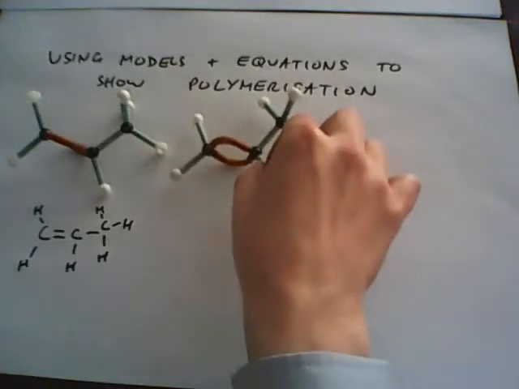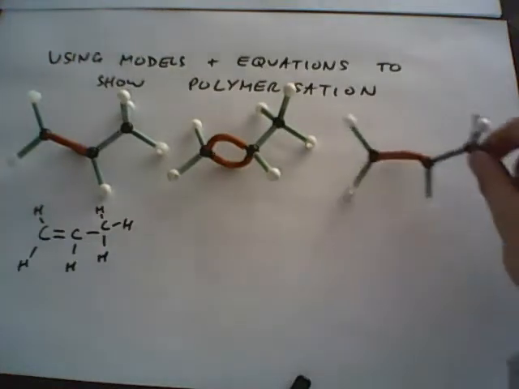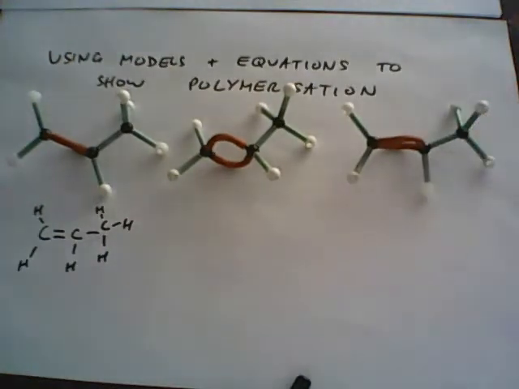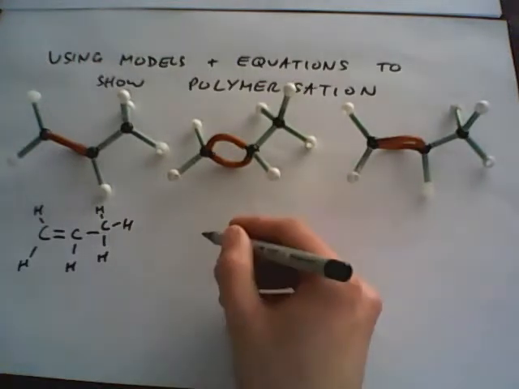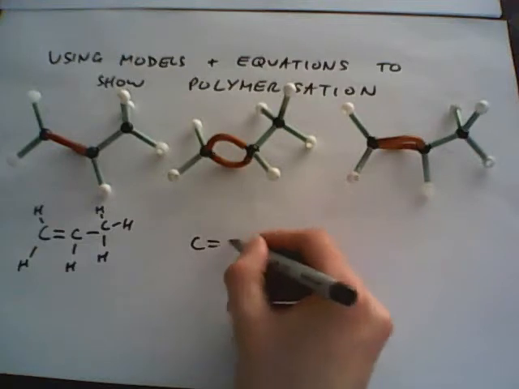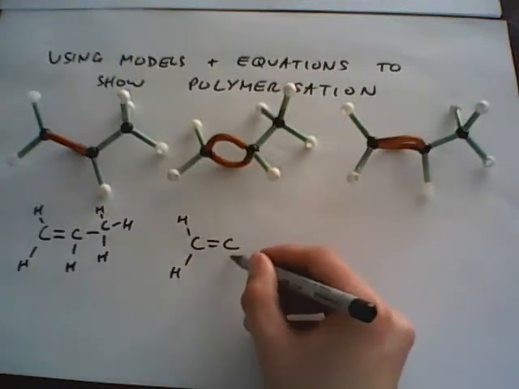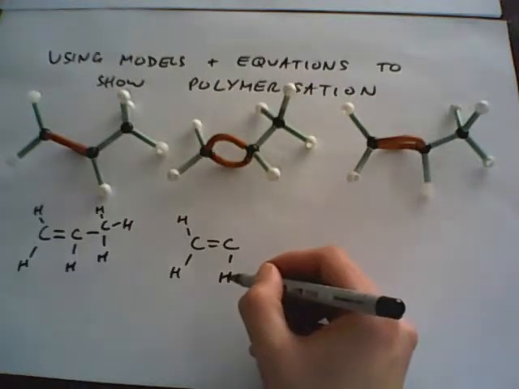Now in a polymerization reaction, as we know, there would be lots and lots of monomers joining together. So here's a second propene, and here is a third one. So I'm going to draw these ones out as well. I'm just going to show you a couple of different ways of drawing them. So double bond, 2 H's on the end, 1 H on the middle.